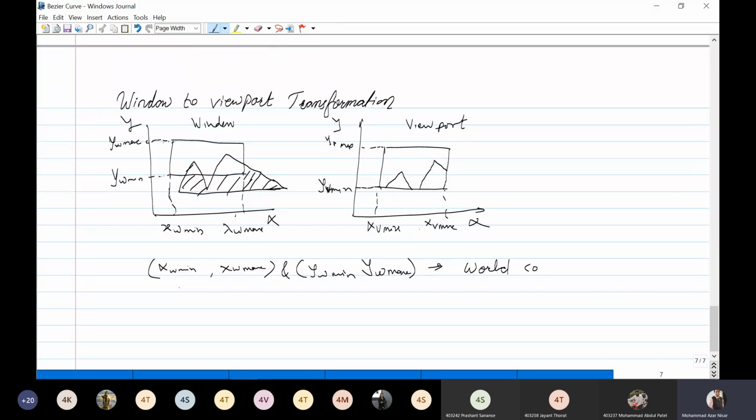And xv minimum and xv maximum for the x coordinate, and yv minimum and yv maximum for the y coordinate, will be called the device coordinate.